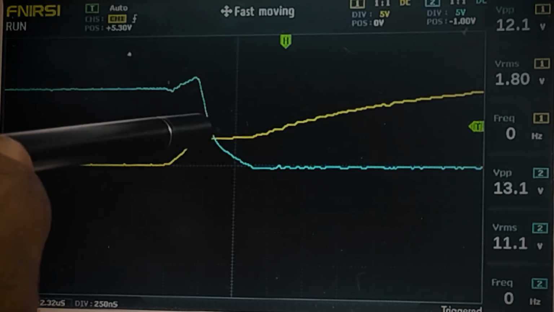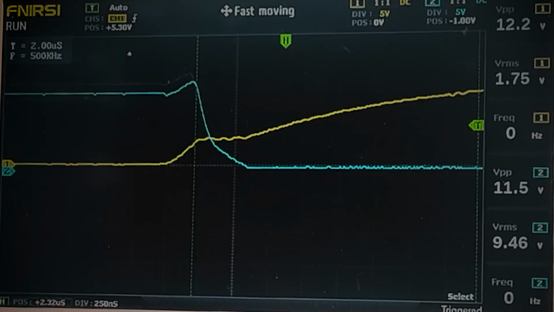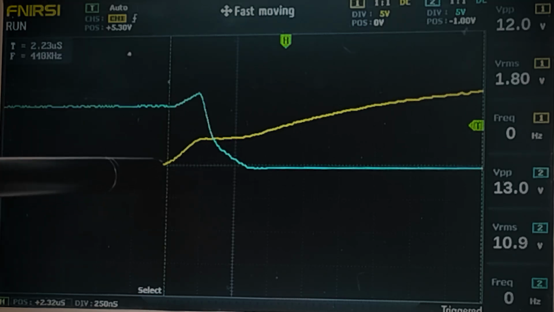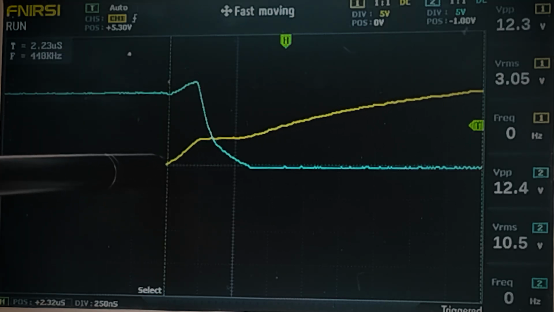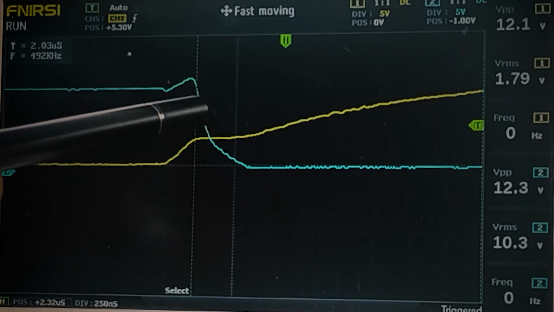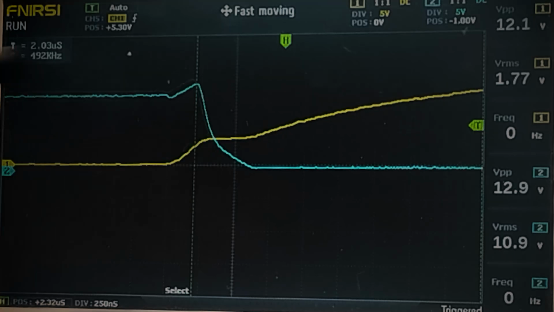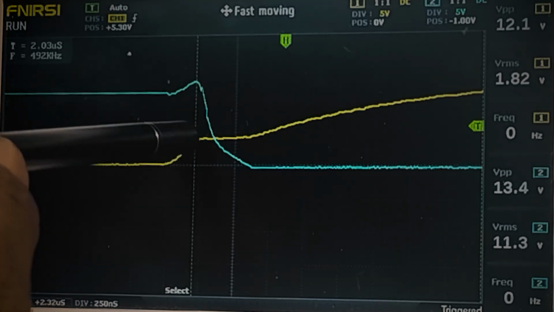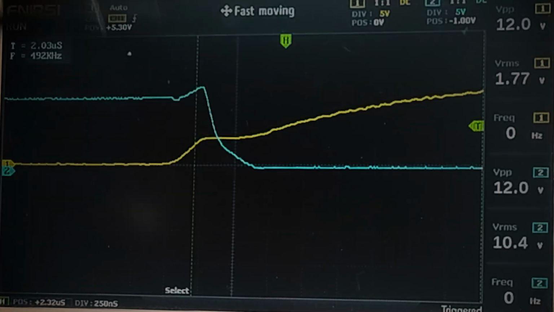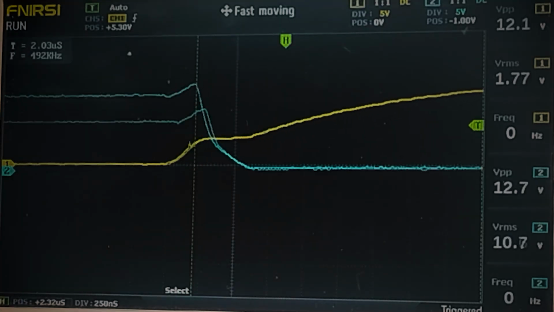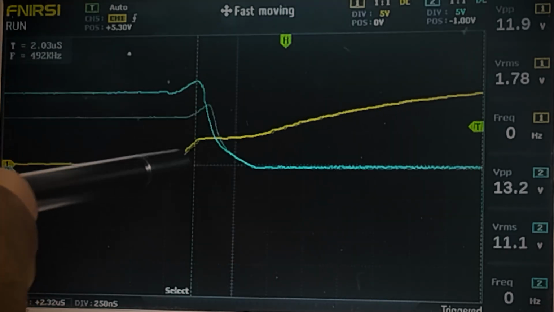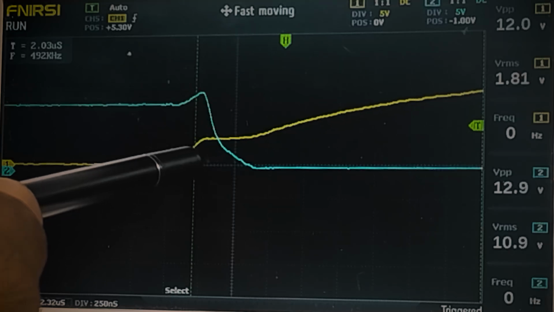It switches on somewhere about here. So between here and here we have voltage at the gate, but it is below the threshold voltage, and so our MOSFET can't come on. So this is the pre-threshold phase. At this phase, the MOSFET is turned off.